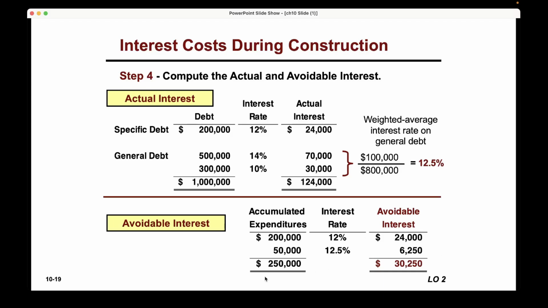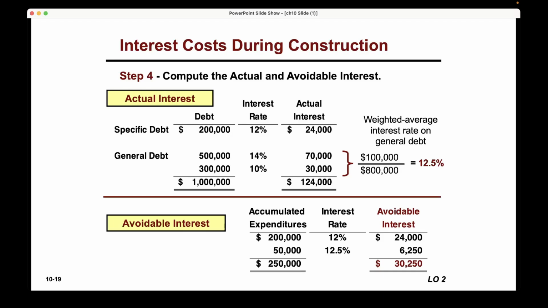And for the remaining 50,000, because we have 250,000 from our calculations, we apply the weighted average of 12.5%, resulting in 6,250. So in total, the avoidable interest comes to 30,250.